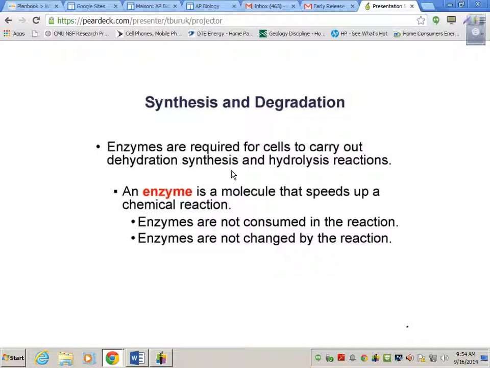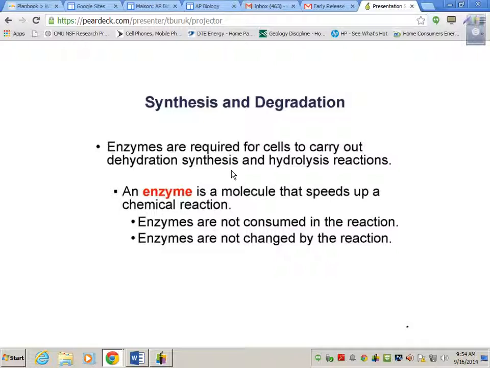And if I had to go through that process every time I needed a chemical reaction to take place, that means every time I wanted to do a chemical reaction, I'd have to make a new enzyme. There's too much energy. Okay? So we're able to reuse enzymes over and over and over again. There's one enzyme in your liver. It helps break down hydrogen peroxide. It's called peroxidase. If you leave hydrogen peroxide in your bloodstream, it's toxic.